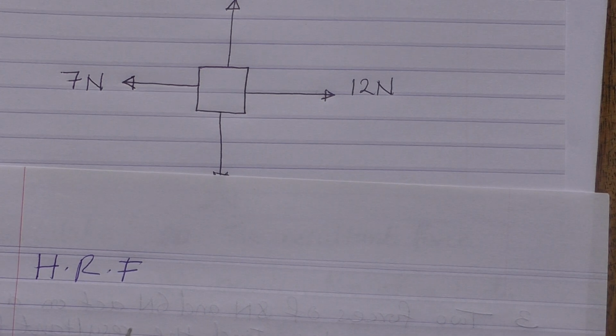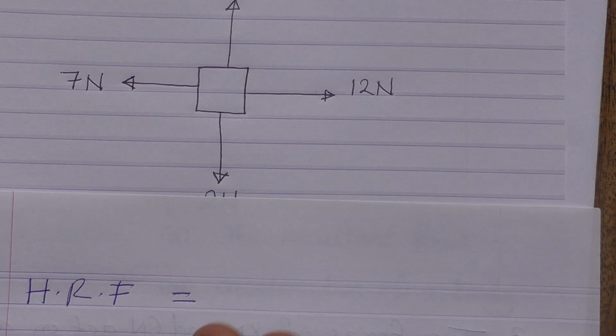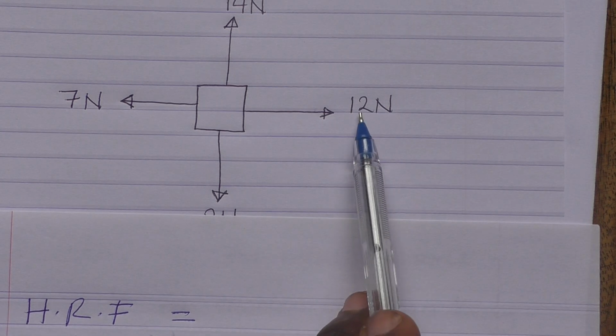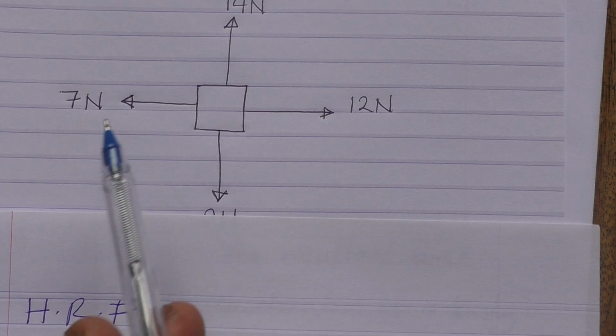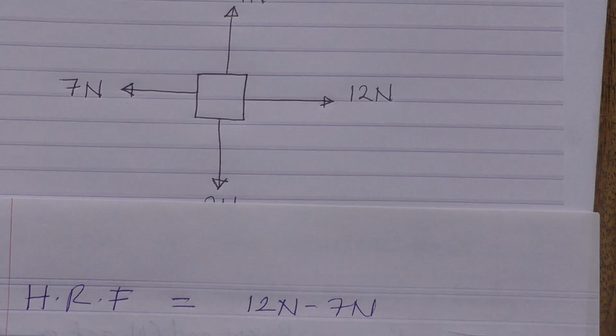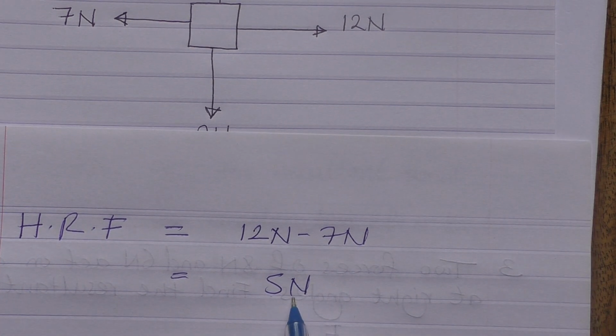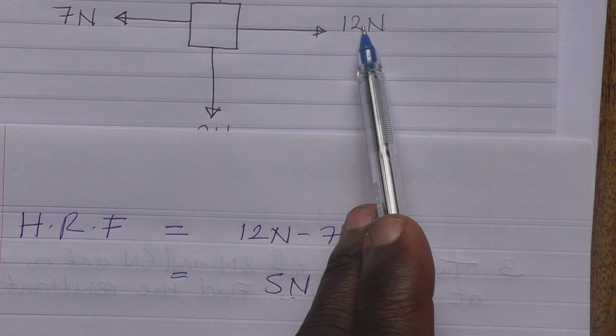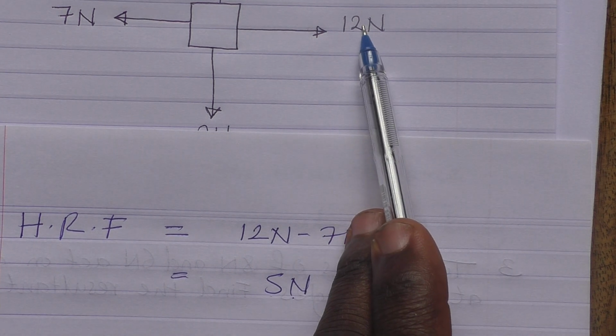The horizontal resultant force is given as, remember, we take bigger minus smaller. So that will be 12 newtons, take away 7 newtons, which gives us 5 newtons. But this 5 newtons will be in the direction of the bigger force, which is 12.